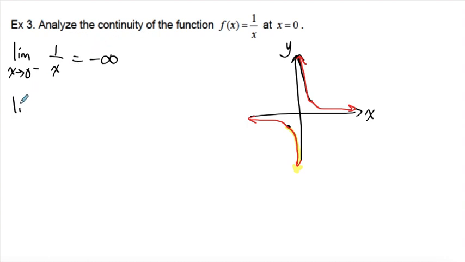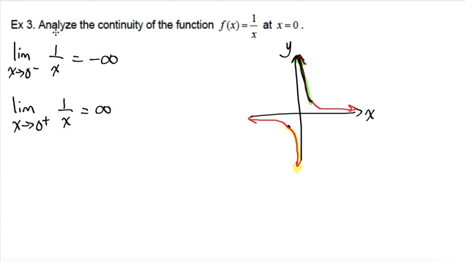And as x approaches 0 from the right-hand side of our 1 over x, we can see that this is actually going to approach positive infinity. So these are not going to meet at the same point.